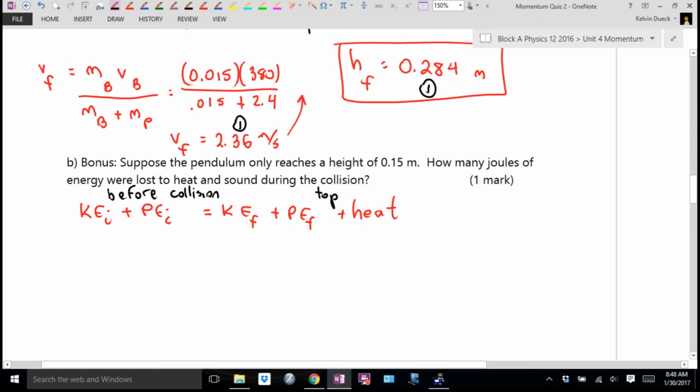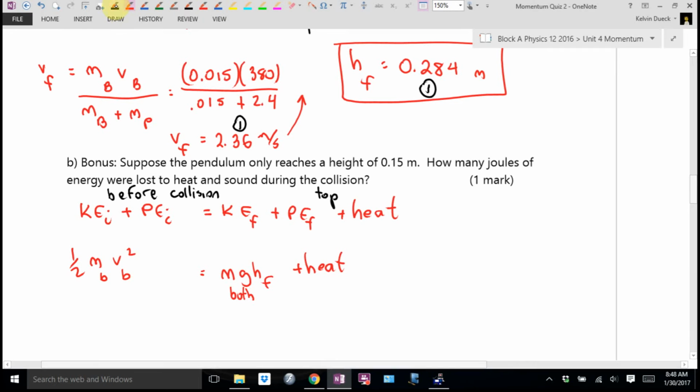Before the collision, I think all I have is a half mass of the bullet, V of the bullet squared. No potential energy, we're putting ground level there. Afterwards, at the very, very, very top for a split second, I'm going to have mgh final, but this mass is going to be the mass of both of them stuck together, plus heat.